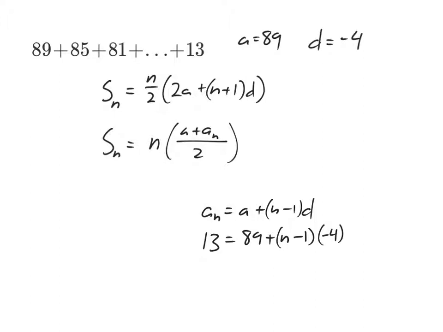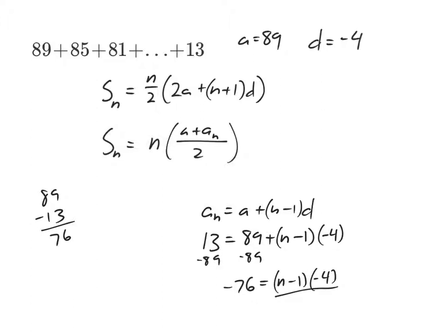So I'm going to solve this equation for n. I'm going to subtract 89 from both sides. 13 minus 89 is negative 76. So negative 76 equals (n minus 1) multiplied by negative 4. Since it's multiplying by negative 4, I'm going to divide by negative 4.